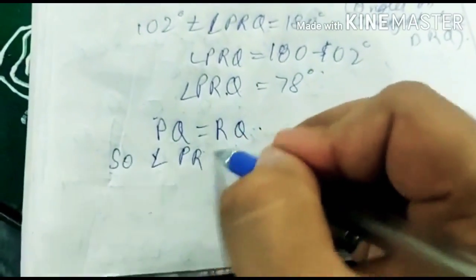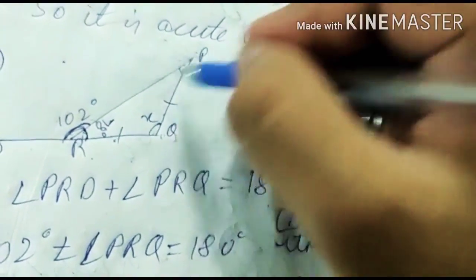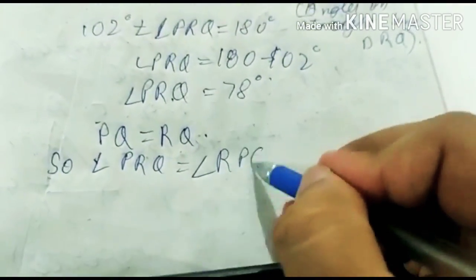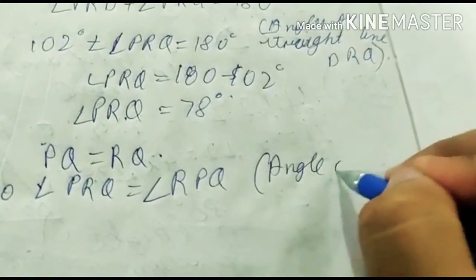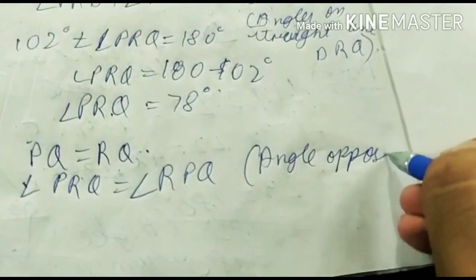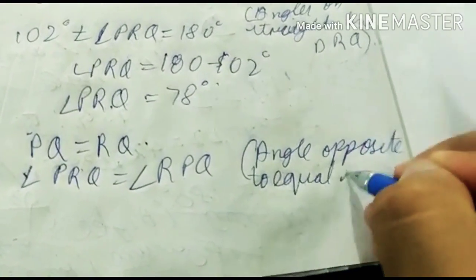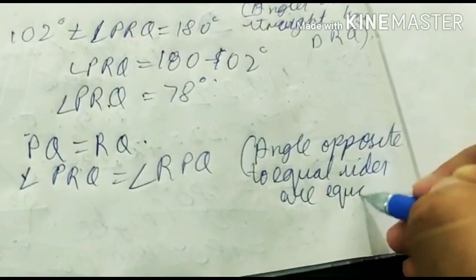Angle PRQ is equal to angle RPQ, the angle in front of RQ is P. These are equal. How? Angles opposite to equal sides are equal.